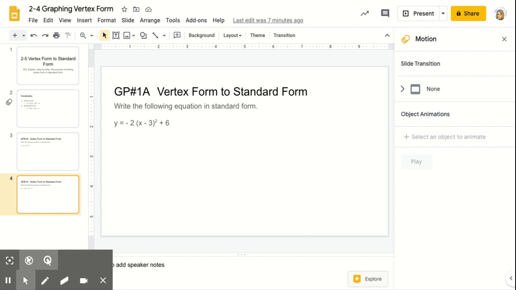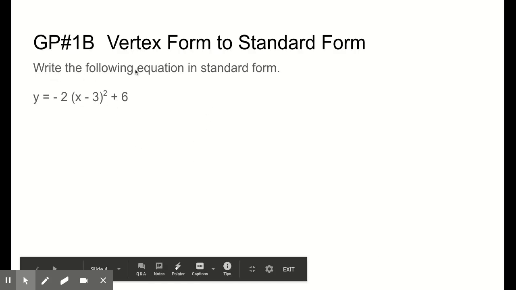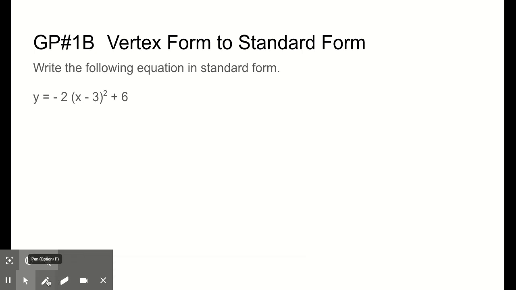All right, so for this one, we're doing the same thing. Write the following equation in standard form. So following the order of operations, the first thing we have to do is parentheses.